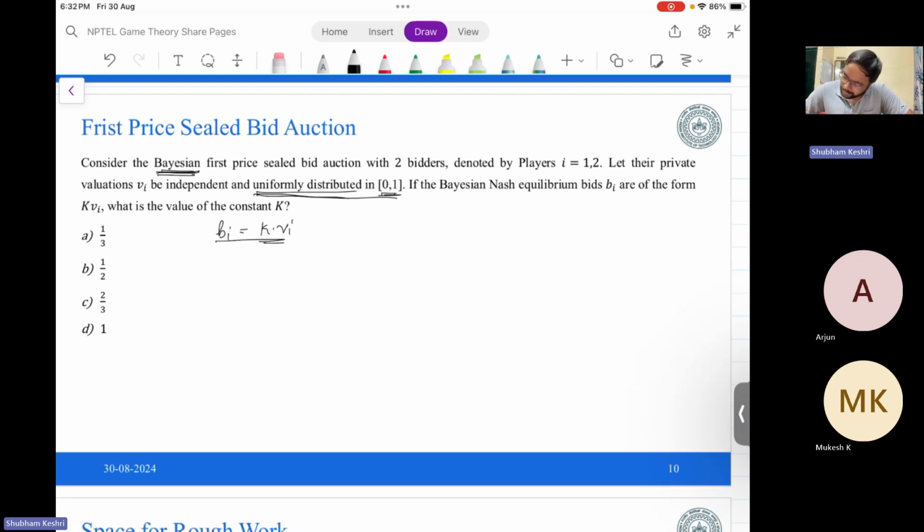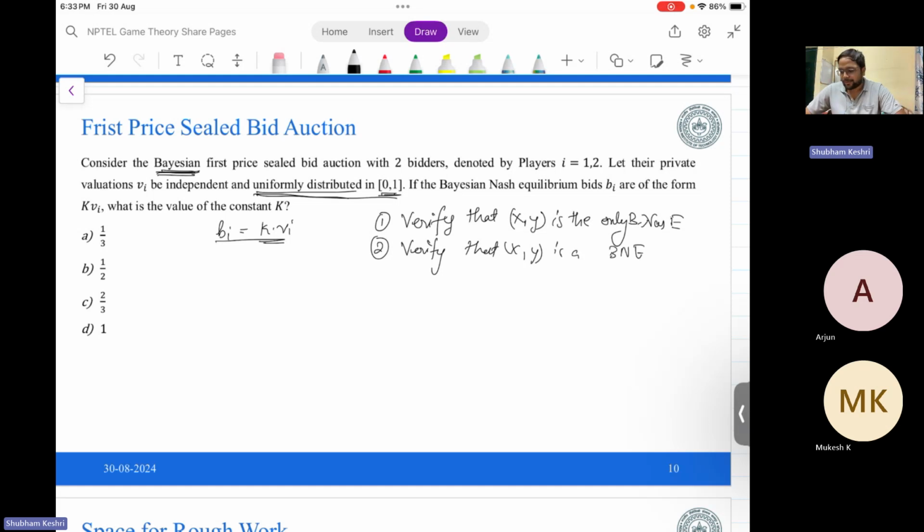So you can have two kinds of questions. Verify, as in the last class we talked about, that x comma y is the only Nash equilibrium or Bayesian Nash equilibrium, and verify that x comma y is a Bayesian Nash equilibrium.